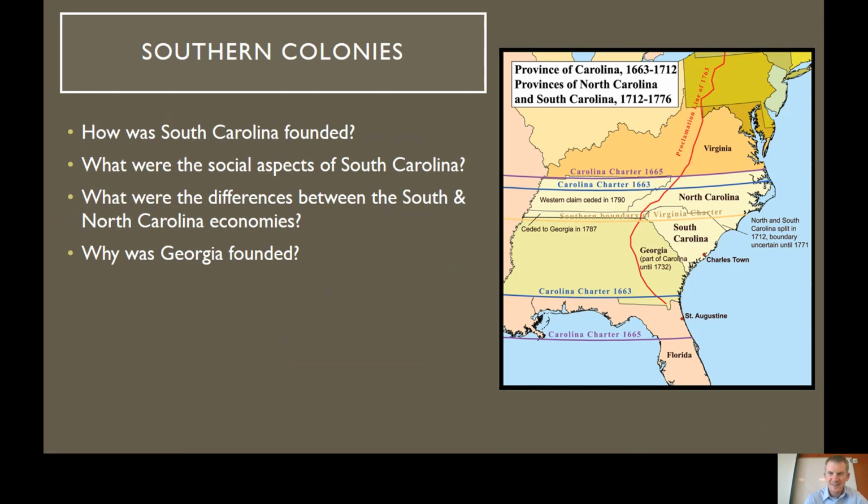It's awful to say, but they're like a human shield, a buffer between the Spanish and the Native Americans in Spanish territories and the Carolina and Virginia colonies. So Georgia was founded as a buffer zone and as a colony for debtors. Most of the people in Georgia were very poor.